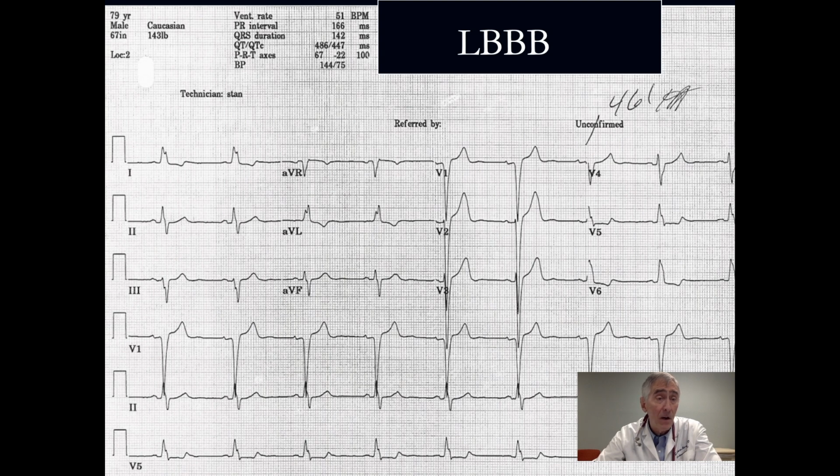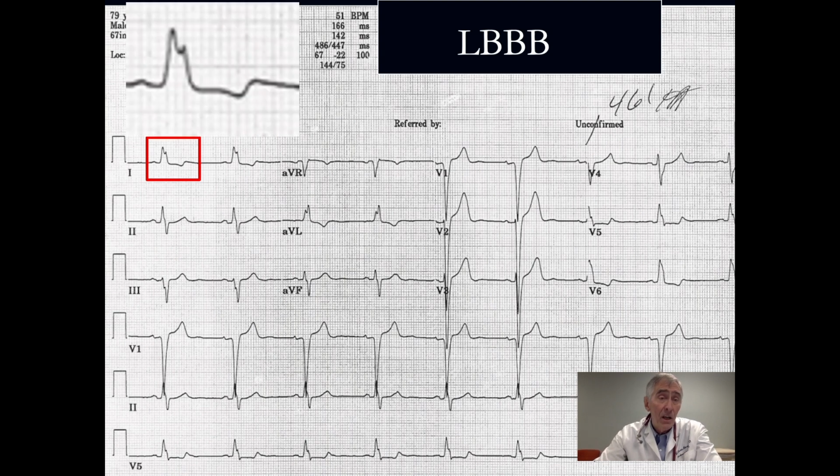We have a PR interval that's normal, a QRS that is wide. It says up here that the width is 142 milliseconds. But notice that the QRS in lead 1 is notched, and this is consistent with a left bundle branch block.